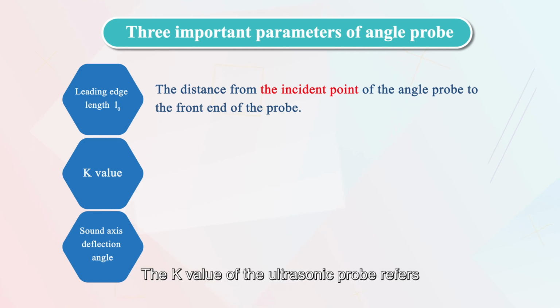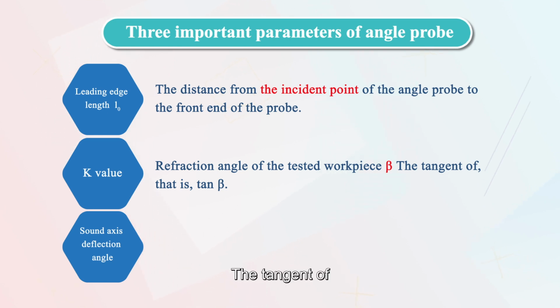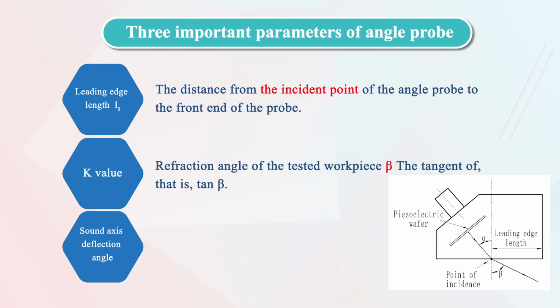The K value of the ultrasonic probe refers to the tangent of the refraction angle beta when the ultrasonic wave enters the tested workpiece, as shown in the figure.